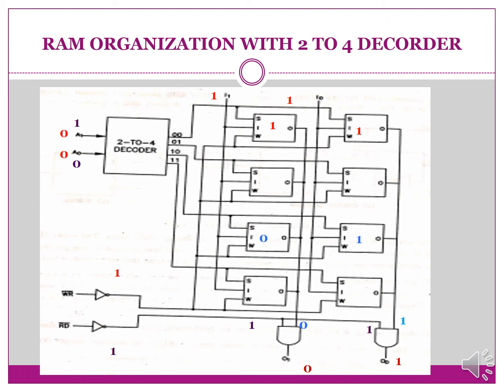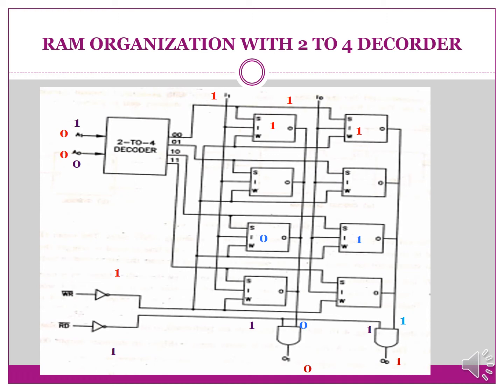Now your input data is available on I0 and I1, and the write bar signal is given by your processor. This write bar active low signal is converted using a NOT gate to a high signal, and that high signal is provided on the line to the first row W, and we are getting the write signal on the first row RAM chips, which is written with 1, 1.